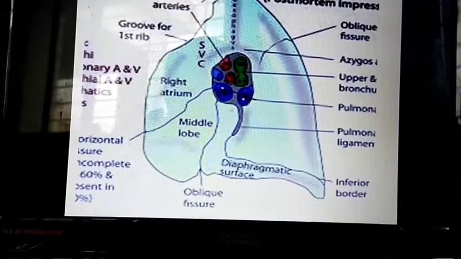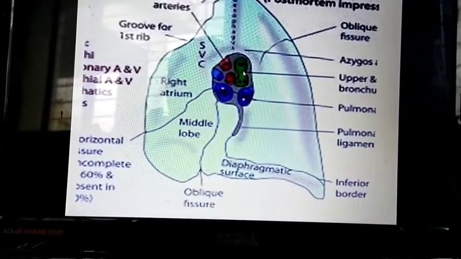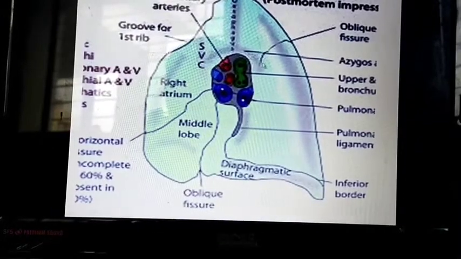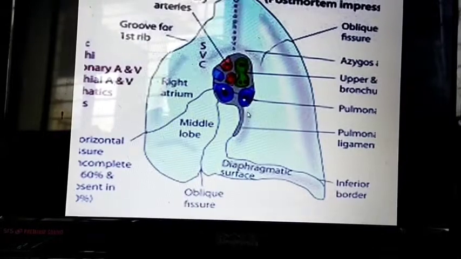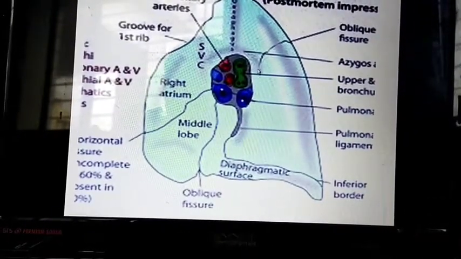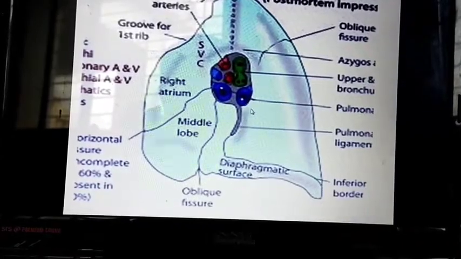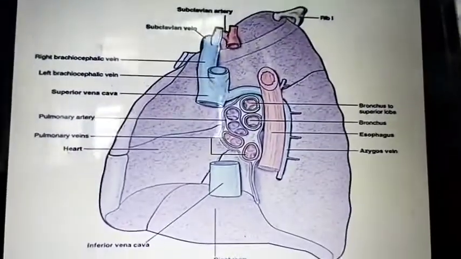Here comes the esophagus. This is the arching of the azygous vein, and here you get the esophagus just inferior to the hilum. In the next picture you can understand clearly.